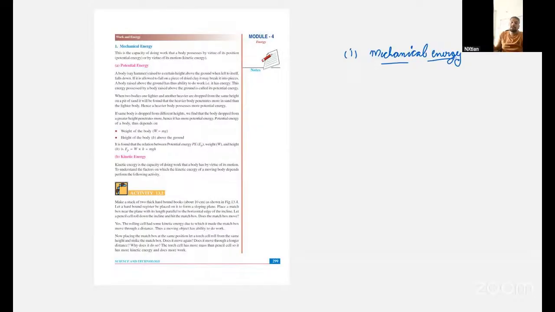Let's take one more example. This is a nail, and this is a hammer. Everyone, please pay attention. Whenever we hammer a nail, what will happen?